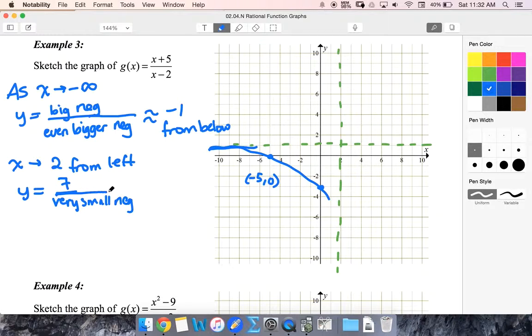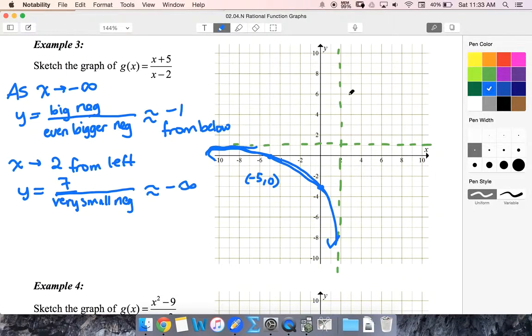Well, as I divide by very small decimals, I make my quotient bigger and bigger, but I've got positive divided by negative, so that's going to be approximately -infinity. So like I thought, I'm going to be heading down. I'm going to try and make a smooth curve going through my key points and not crossing my asymptotes.